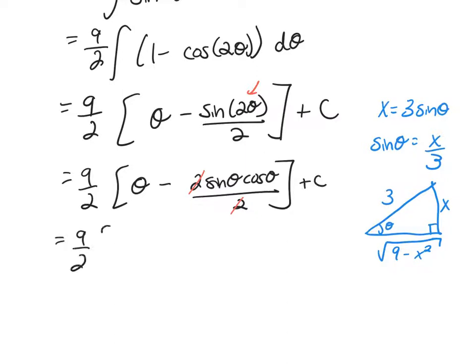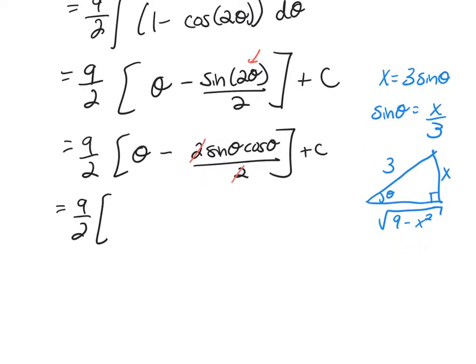So I need to know what sine theta is. I already know that. It's x over 3. But I also need to know what is cosine of theta. And I need to know theta as well. So theta will be inverse sine, or arcsine, of x over 3.